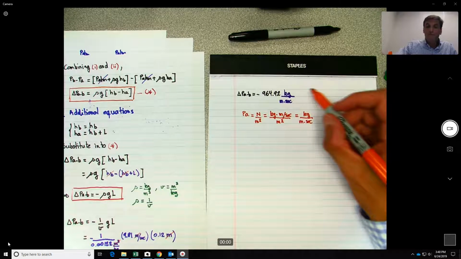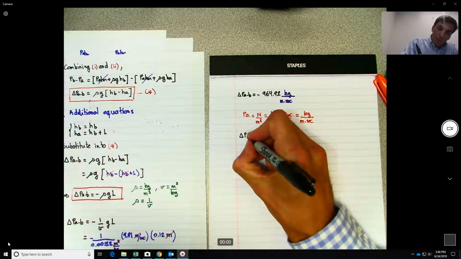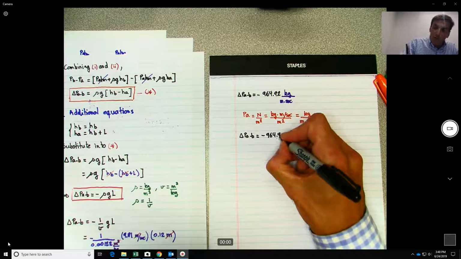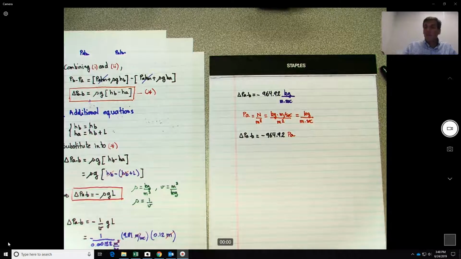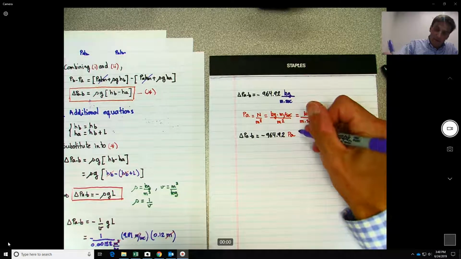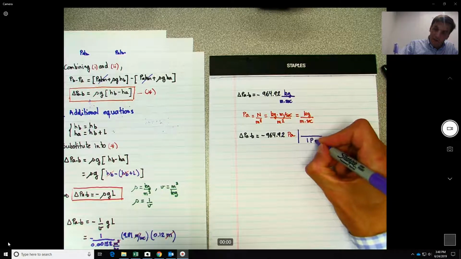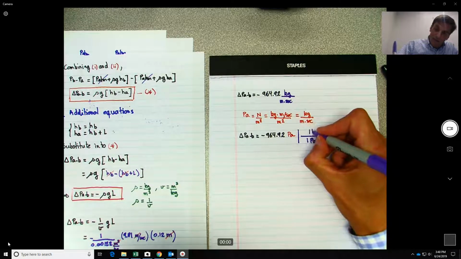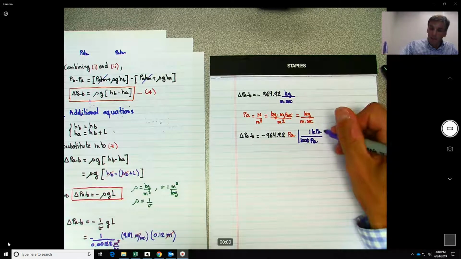Okay, so we could say right now that delta P is equal to negative 964.92 pascals. Now if we want kilopascals, what do we need? So 1 kilopascal will actually be equal to 1,000 pascals.